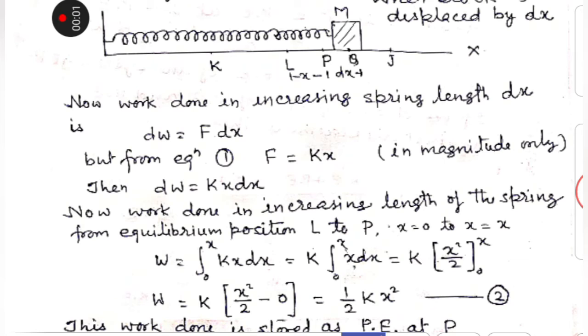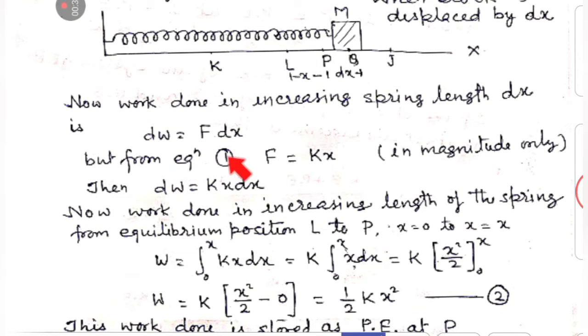Now let us consider the spring is increased up to Q, an infinitesimally small distance dx, PQ equal to dx. Now work done in displacing the spring from P to Q is dW equal to F into dx, force into distance.